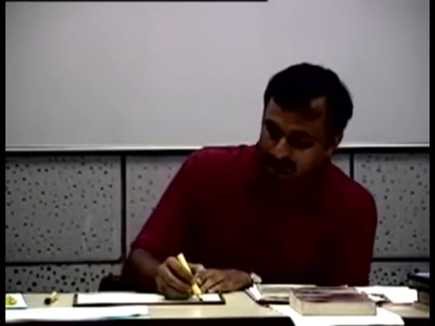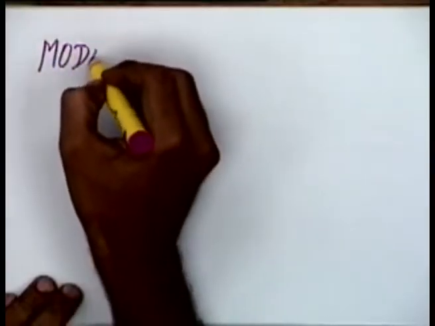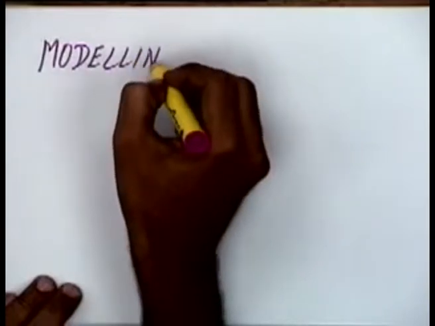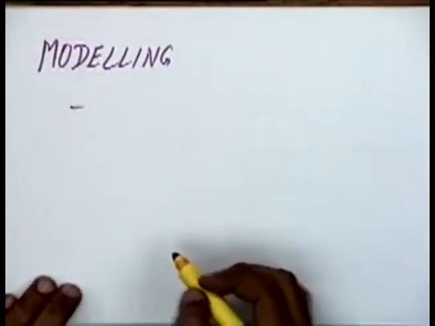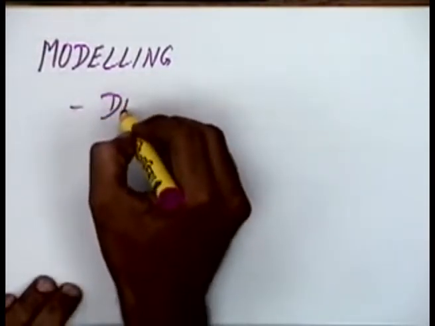We will briefly see what are the different activities that come under each of these three. So, when you are talking of modeling, the first thing that we want to do is to define an object.